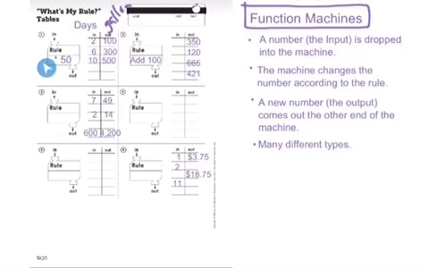So our problem that we did in the math message is here. So if the rule, which was already put in, was times 50, I know that the in is the amount of days. In this amount of days, if we each of those days do 50 gallons of water, then out would be 100 gallons.